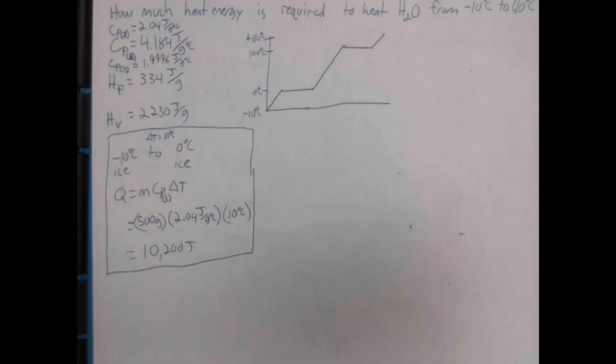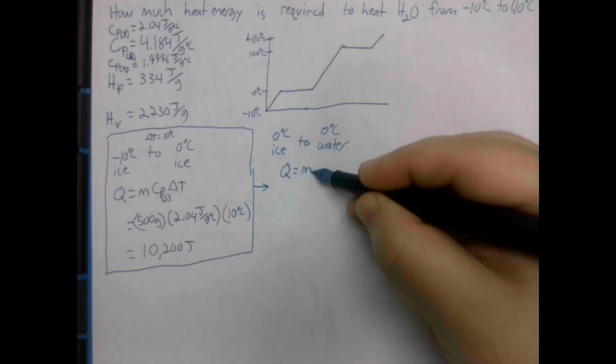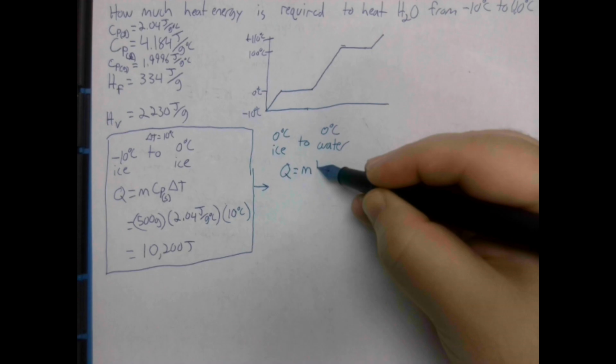Alright, after this, we're going to go from 0 degrees Celsius ice to 0 degrees Celsius water. So this is going to be heat of fusion. So mass times the heat of fusion of water.